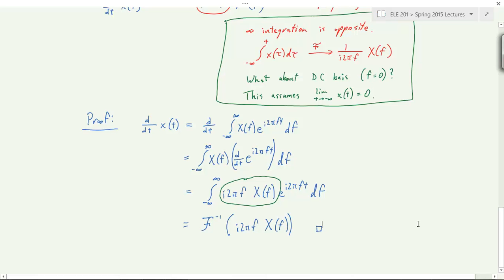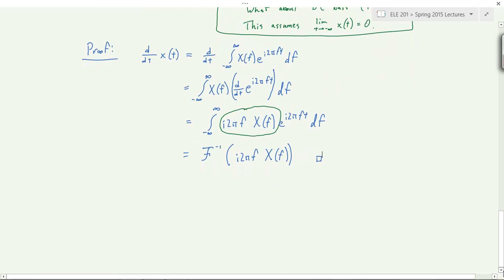Now, we could look at another property for discrete time, because the derivative property is only in continuous time. You only have derivatives in continuous time. But we could ask, what about a discrete time difference property? So the closest thing to a derivative, how would you approximate a derivative in discrete time?